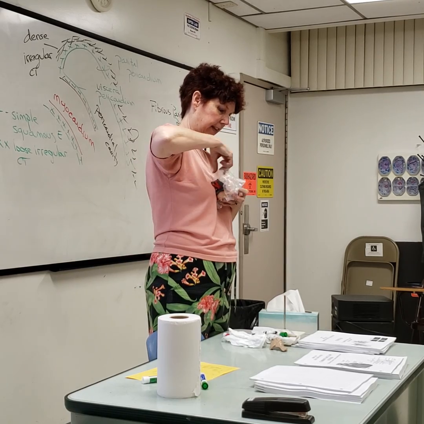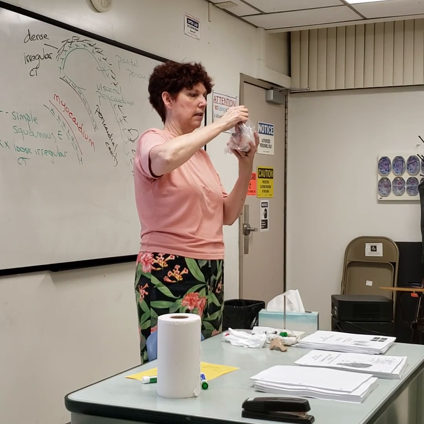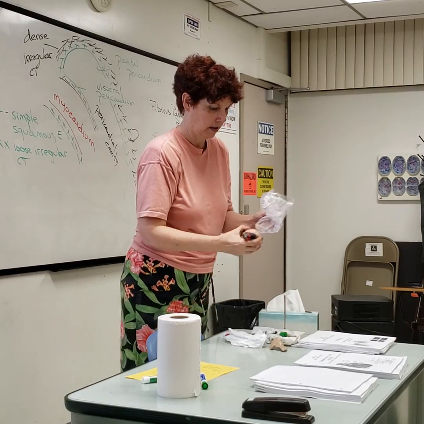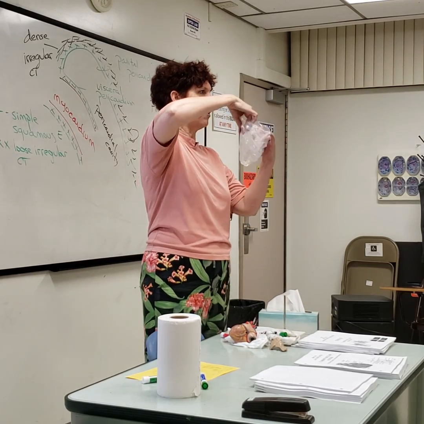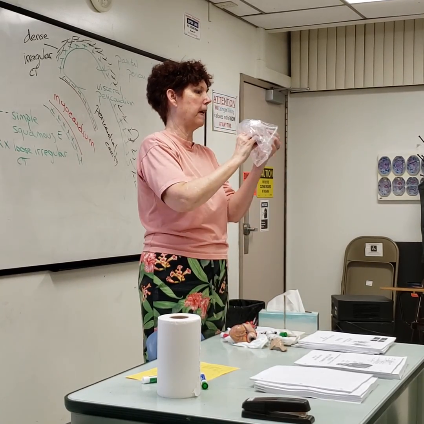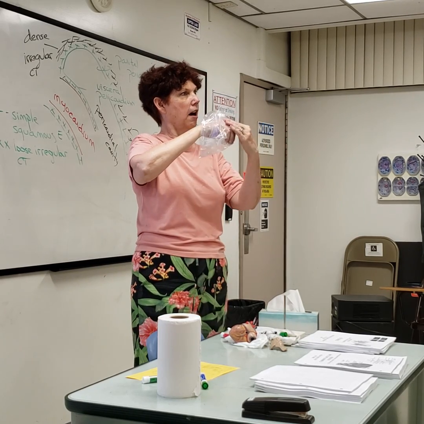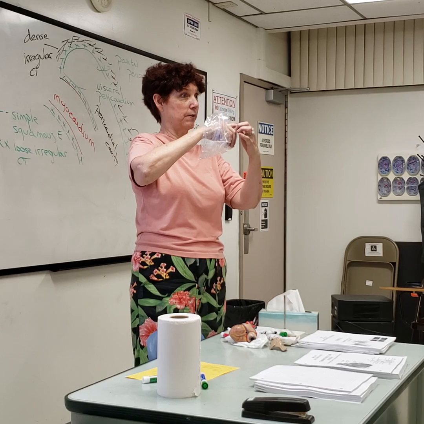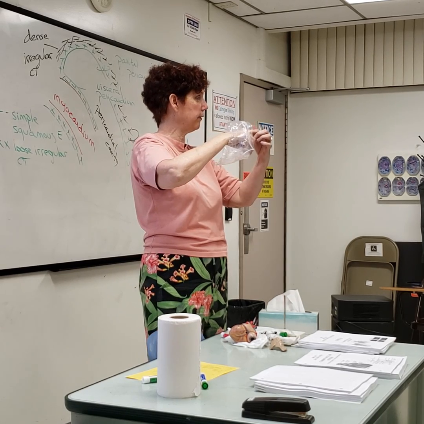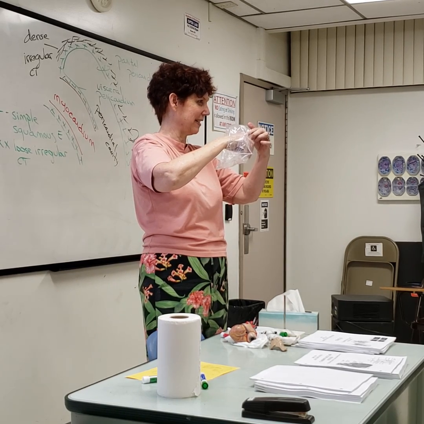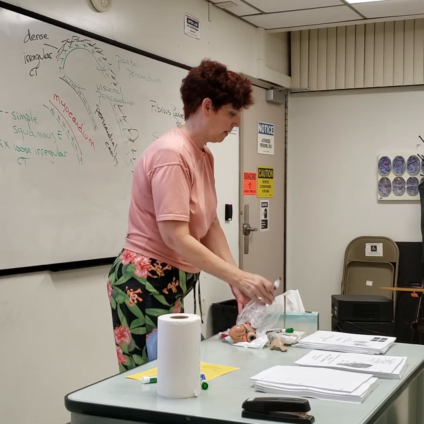And in between that, the lining is going to be the serous, but both of them are parietal, right? So if I put my fist in here, this is the parietal, and on my fist is the visceral. Both of those are making serous fluid, so we call both of those serous. One of our names anyway.